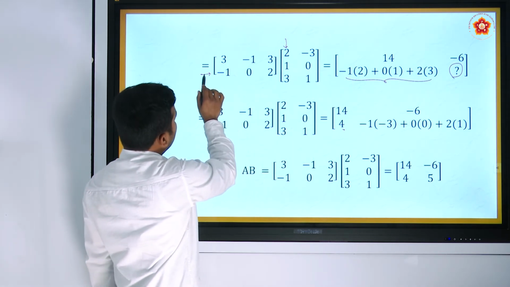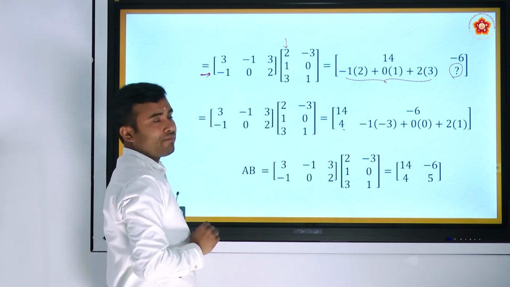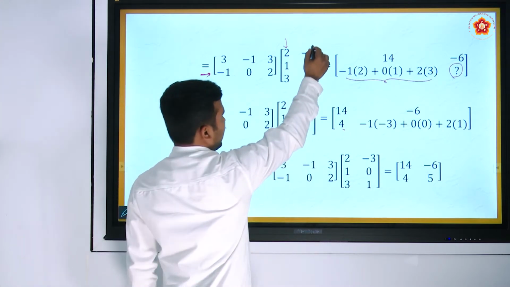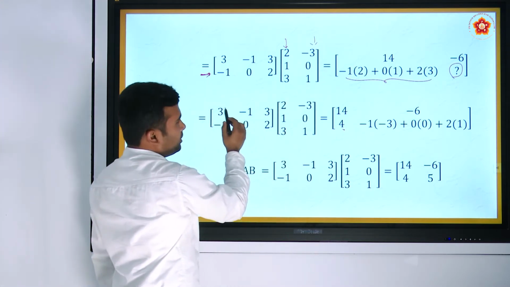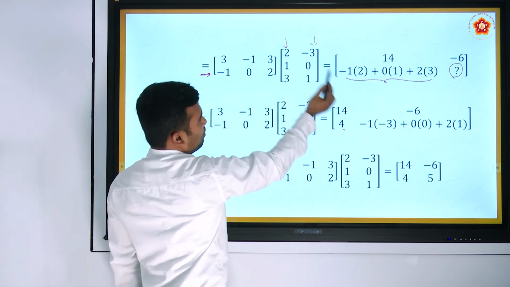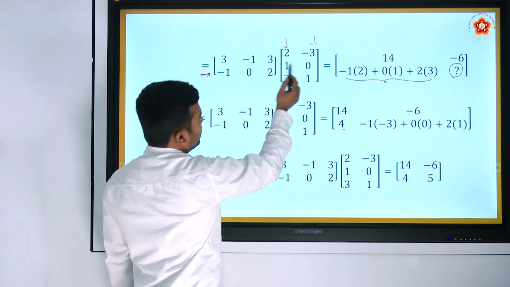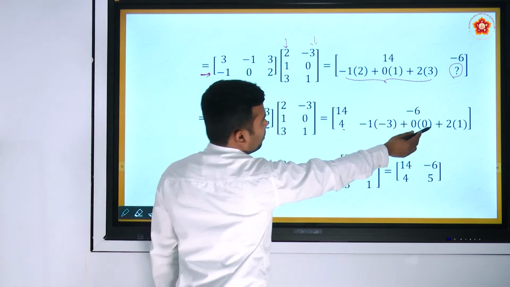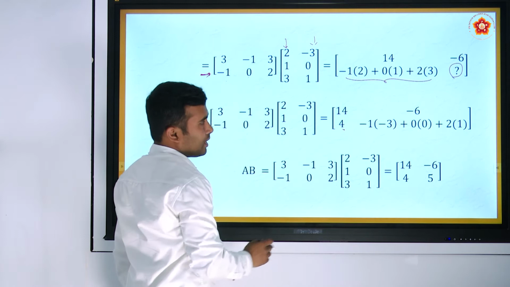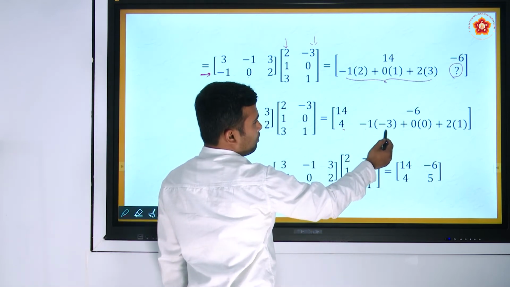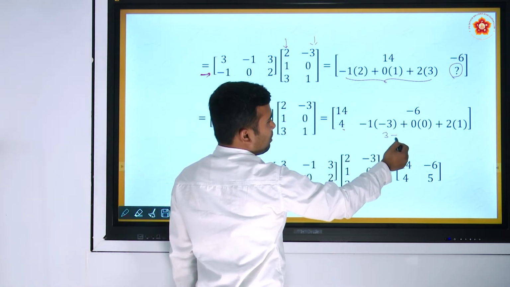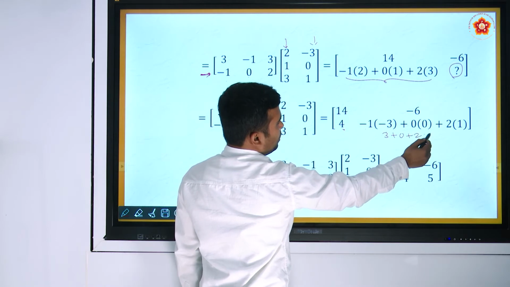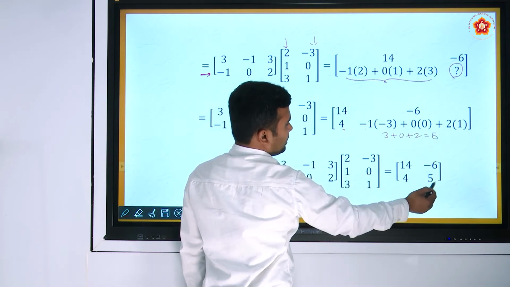You multiply the second row with the second column, meaning minus 1 into minus 3, plus 0 into 0, plus 2 into 1. You will get minus 1 into minus 3 is 3, plus 0, plus 2. So the answer is 5. So this entry is 5.